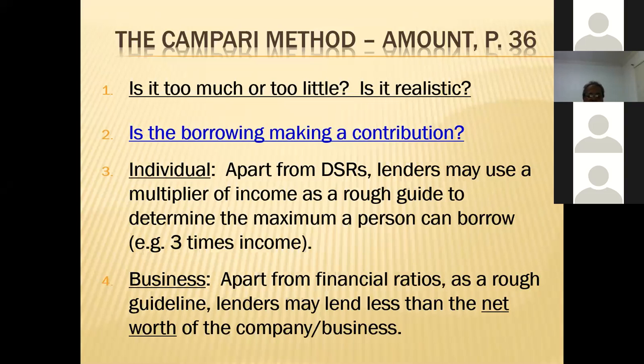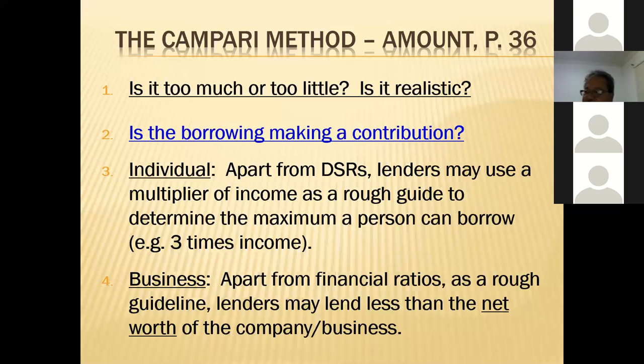The reason for that is with net worth, remember now, the net worth is the assets minus the liabilities. Remember that? So the reason lenders would say that is that if the business fails, there's sufficient net worth in the company that we can look to liquidate the loan.